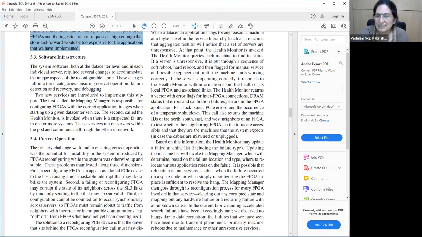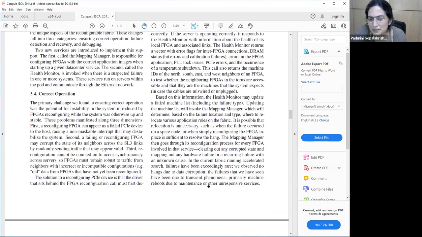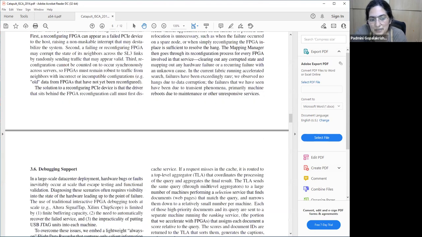It contains a vector with flags for different types of errors, so you can detect it and give this failed list to the mapping manager, so it knows whether an FPGA is up or down.